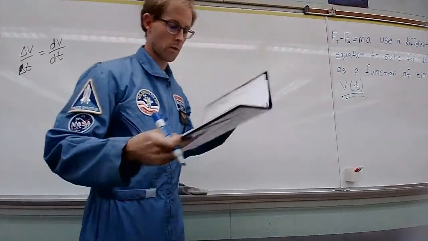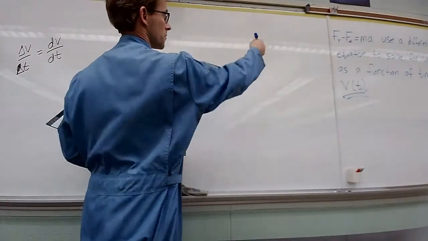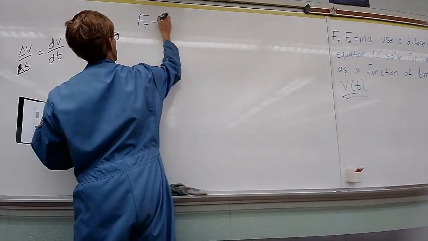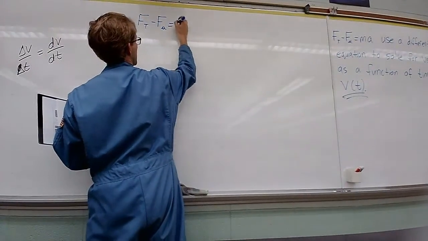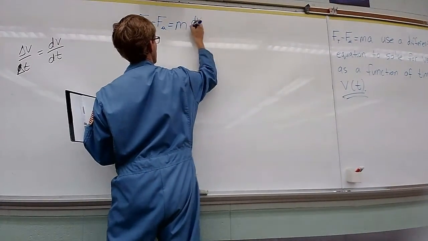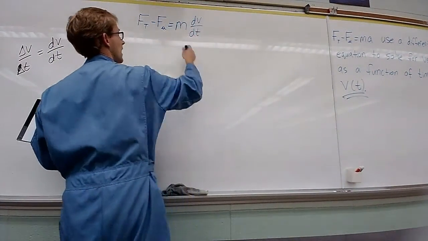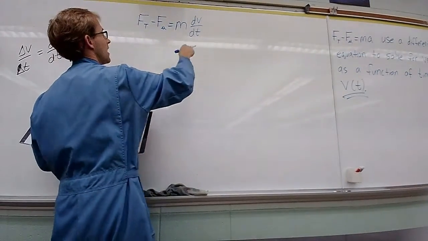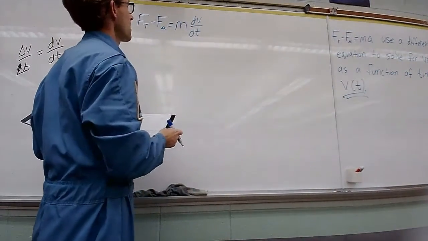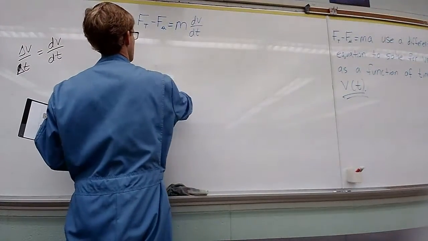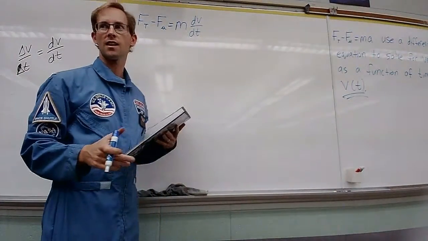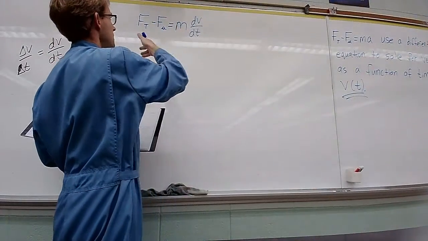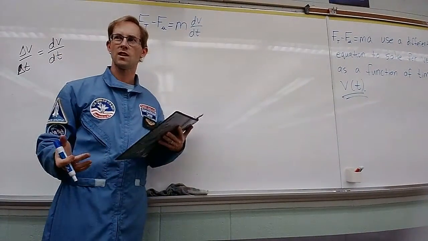So what we would do here is deal with this the exact same way we dealt with the last one. Tension minus friction equals ma, but a is really dv over dt. And then we have to separate those. The t and the m go together, and the v and the forces go together. If I had to guess, the velocity and the forces are connected, because if you change your force, it's going to change the velocity.